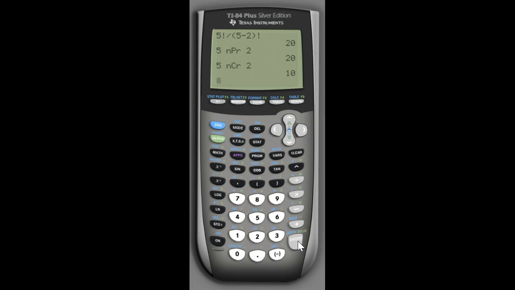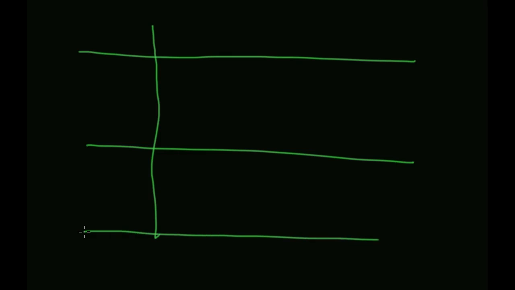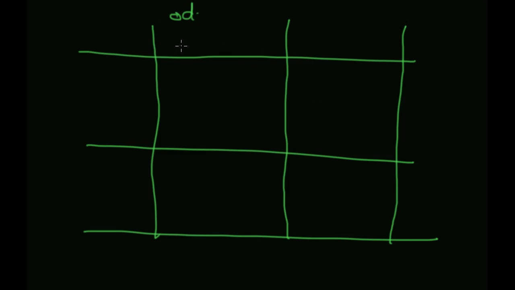All right, so let's build a little table to summarize what we've said here. When it comes to counting, we have a couple of different situations. We have a situation where order matters, and order doesn't matter.